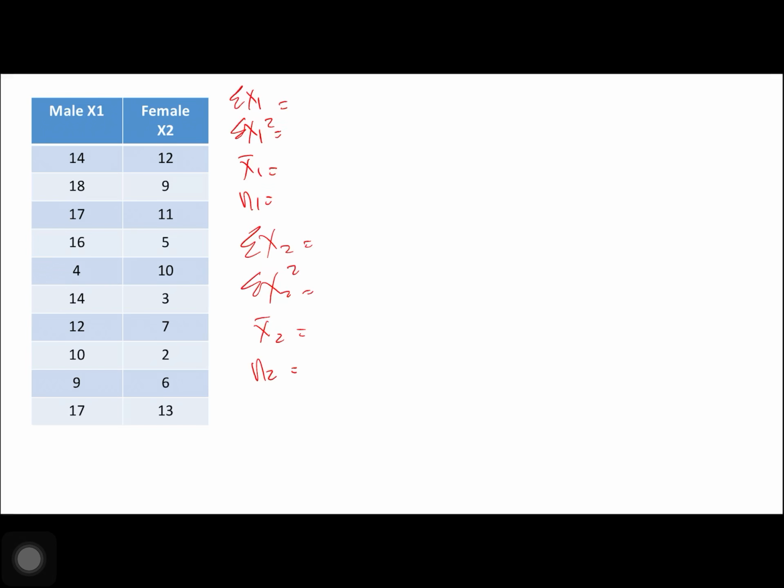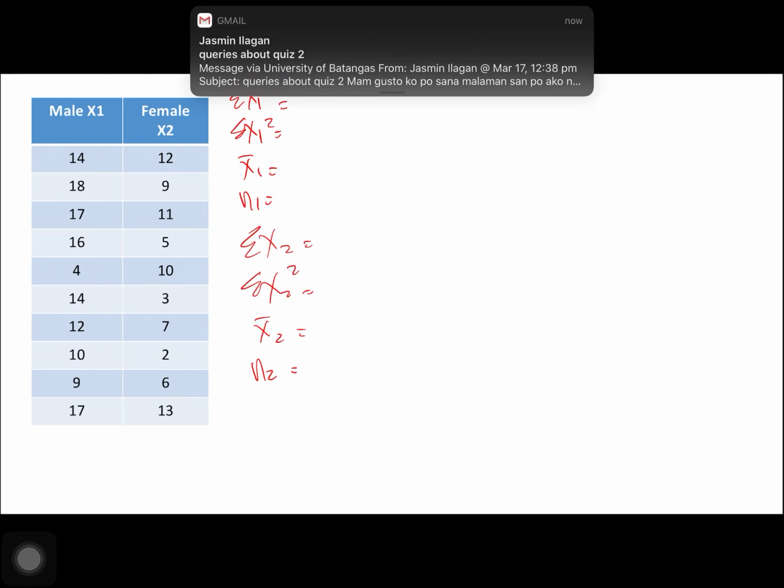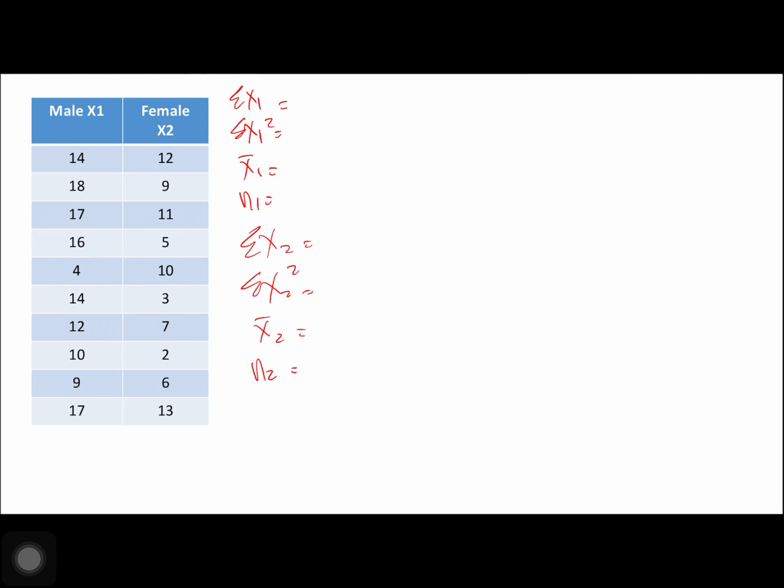So we have there for group 1: 14, 18, 17, 16, 4, 14, 12, 10, 9, 17.